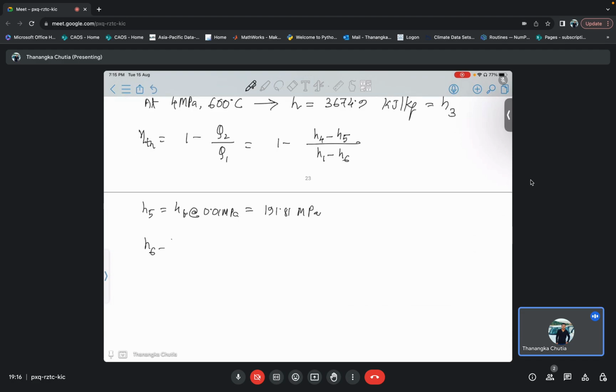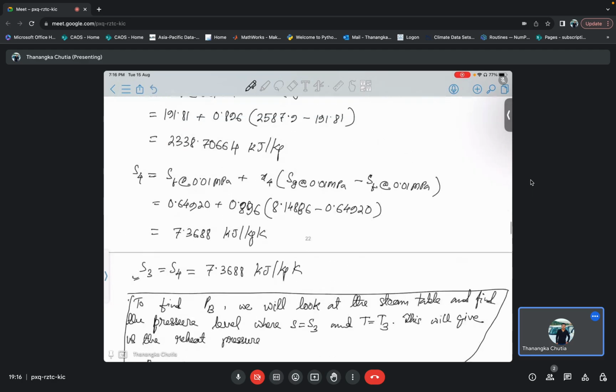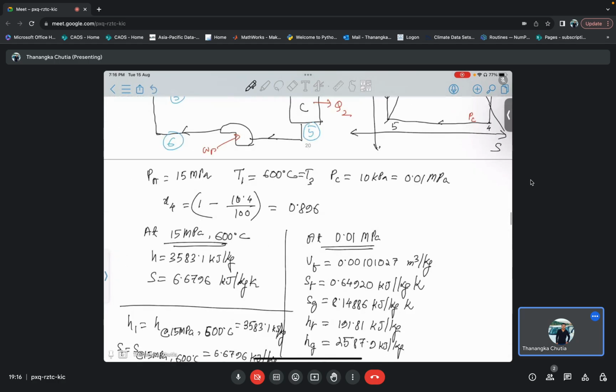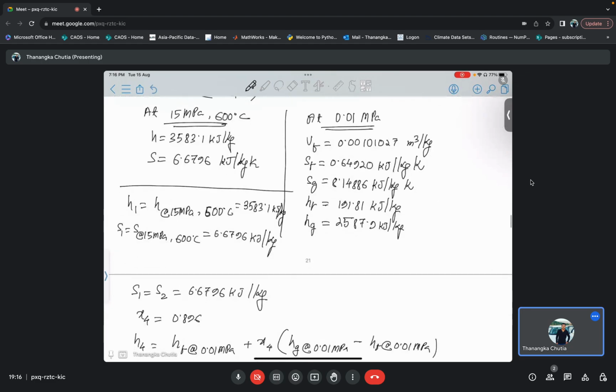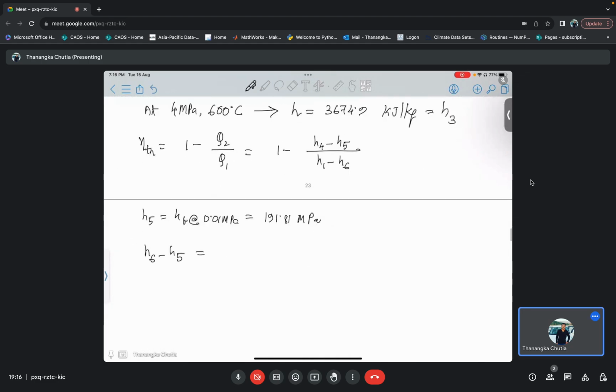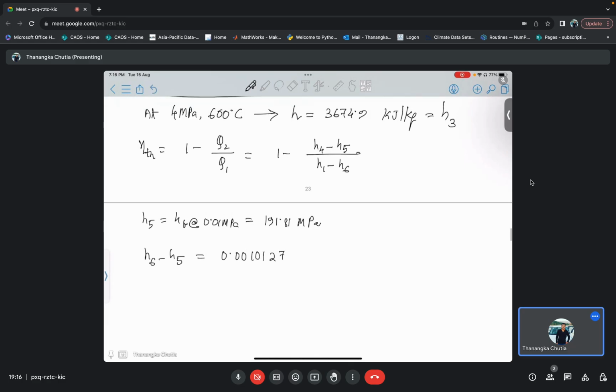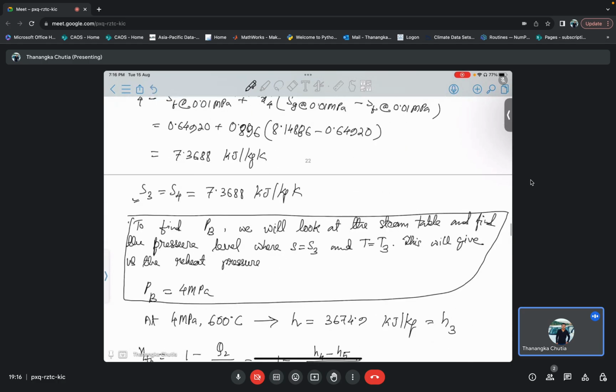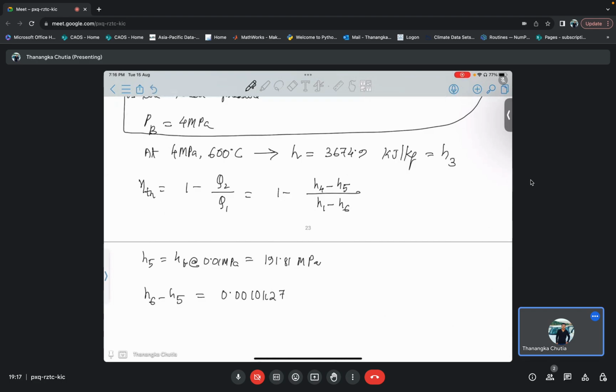H6 minus H5 is equal to VF at this point, 0.00101027, into 15 minus 0.01 into 10 to the power 3.